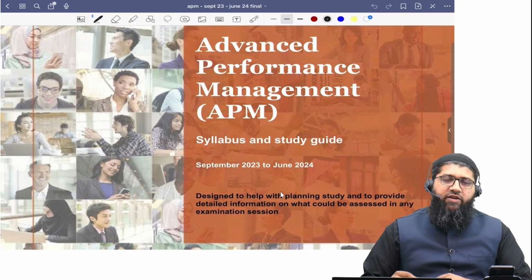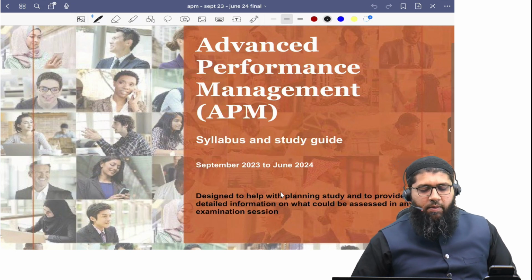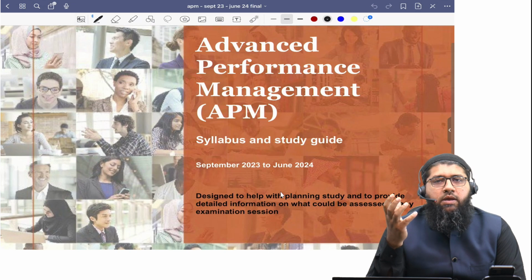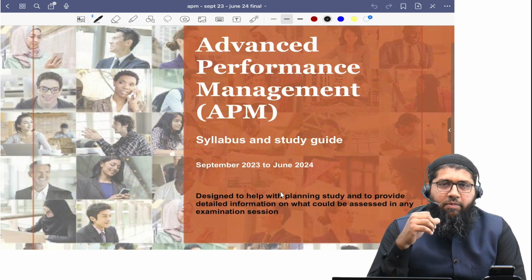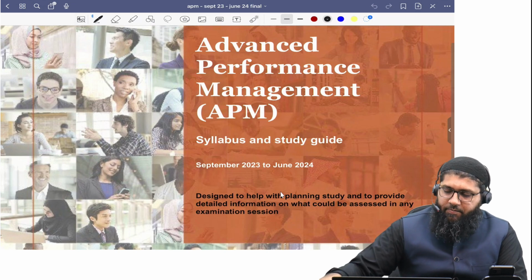The agenda of today's session: we're going to discuss the APM. What exactly is this APM syllabus all about? What is the course content? How exactly are we going to approach the APM syllabus? And what are the techniques that are necessary for you as a student to excel at if you wish to pass the APM paper?